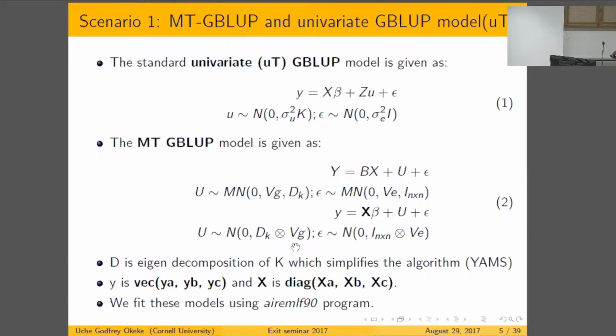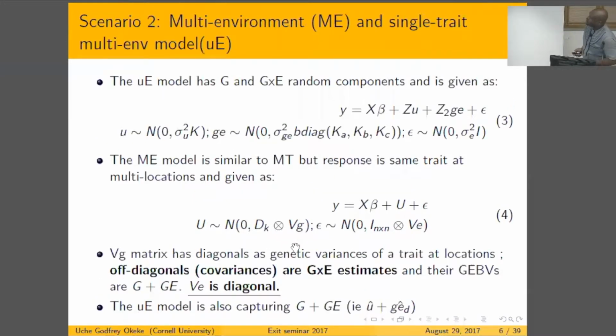And in fact, the algorithm we use can allow you to fit different effects for different traits in this X matrix. And this is how it works. So we fit this model with the AIREML F90 package, which is a member of the family of the BLUP F90 programs developed by Misztal and Co. And we go forward again in the next scenario to capture G by E in this data.